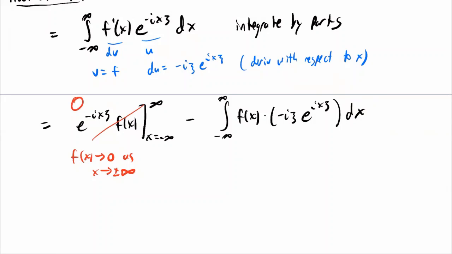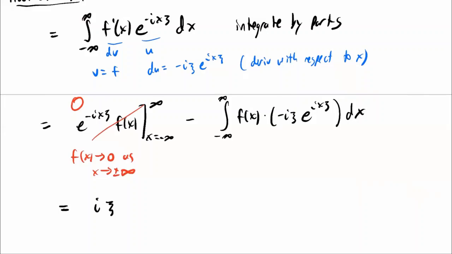And so we end up with just the second integral, where the minus signs cancel. I can take out c because I'm integrating with respect to x. This variable c is independent of x.